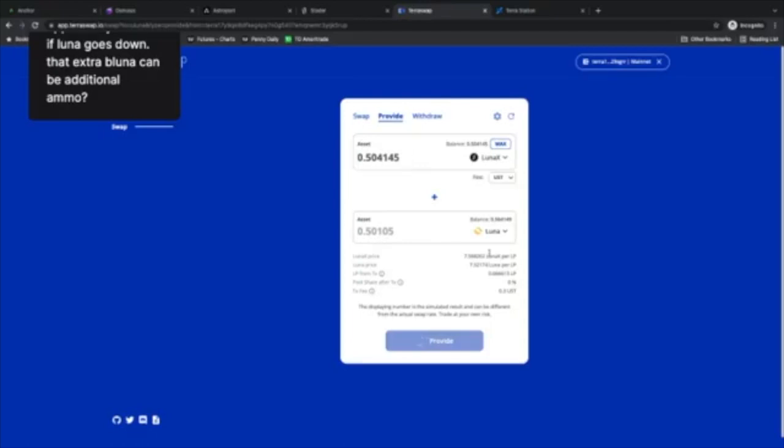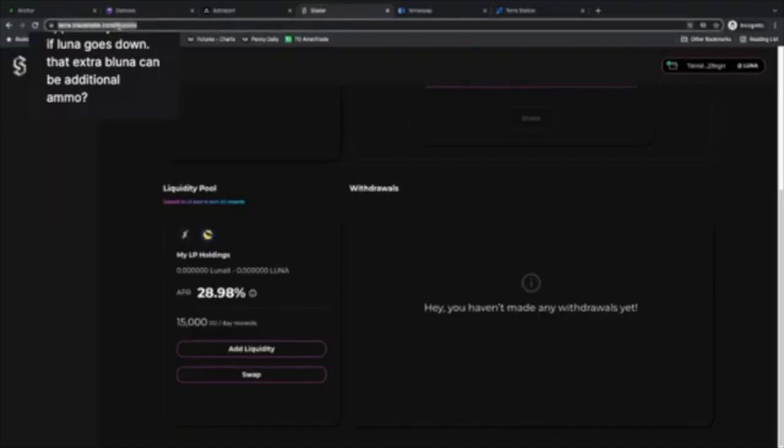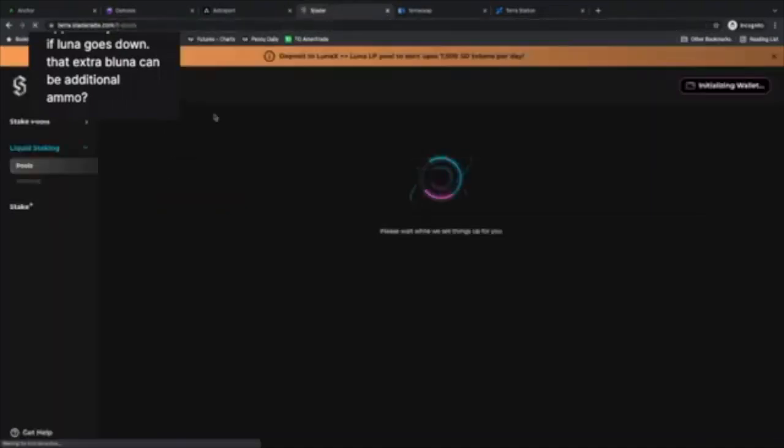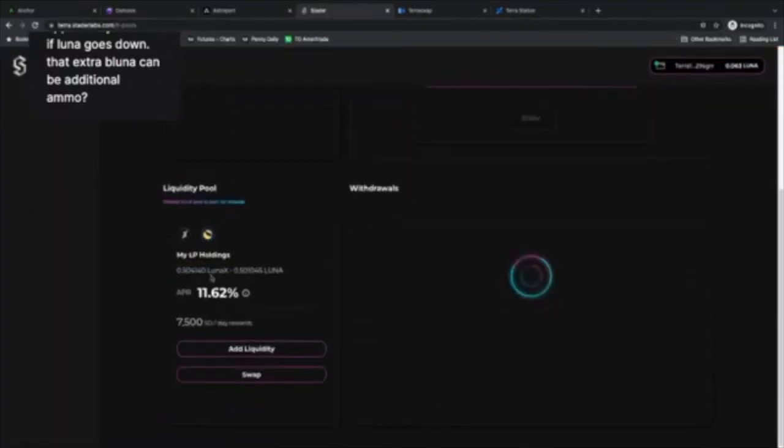And when I go back to Stater Labs, once I refresh my screen, I should see in my pools now a 0.50 and 0.50, which is going to show right here. And there you go. That's how you buy the liquidity token, LP token, and that's how it shows up right there. Hopefully that was pretty straightforward.